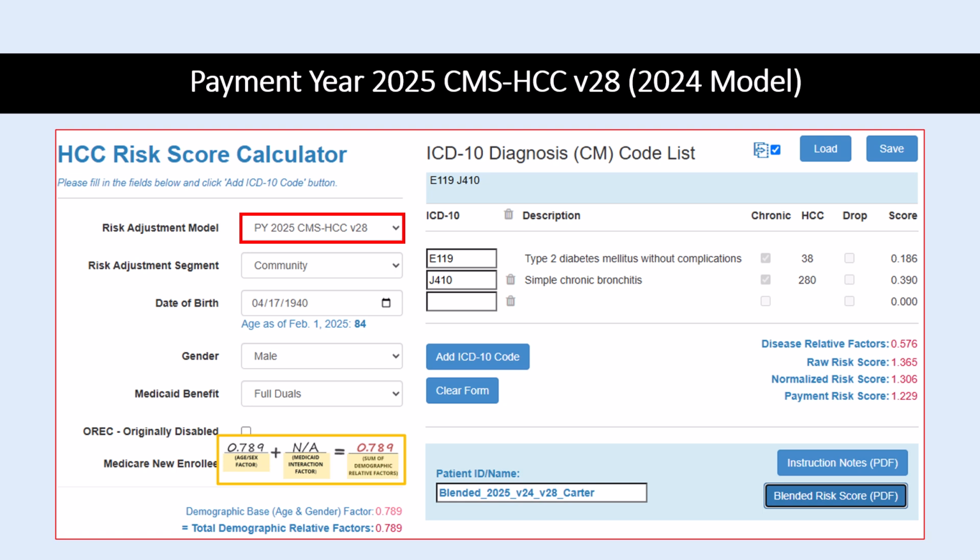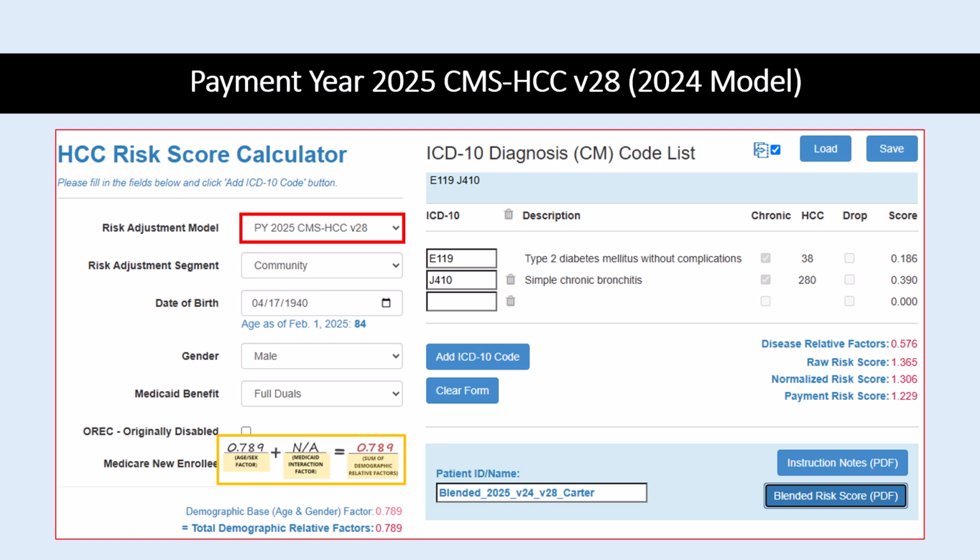The only other value we need to consider is his Medicaid interaction factor. Since Mr. Carter resides in the community, this factor does not apply. Therefore, the sum of Mr. Carter's demographic relative factors, using the 2024 CMS-HCC model, is 0.789.